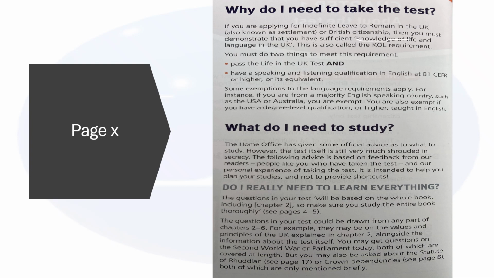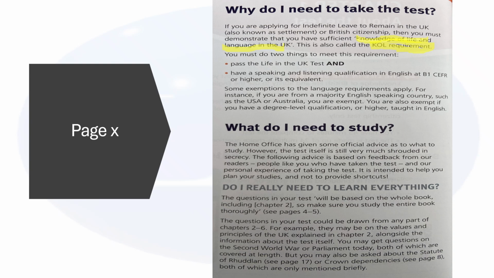Let me highlight that. Knowledge of life and language in the UK is also known as the KOL requirement. In your application forms, you will see that there would be a question: do you meet the KOL requirement? KOL means knowledge of language.